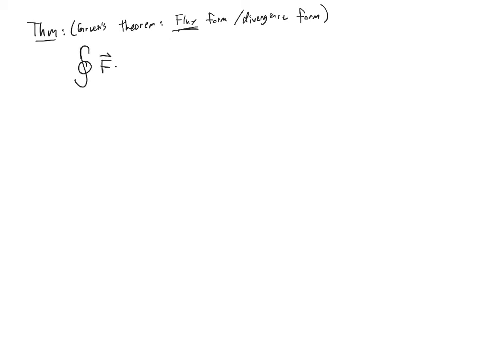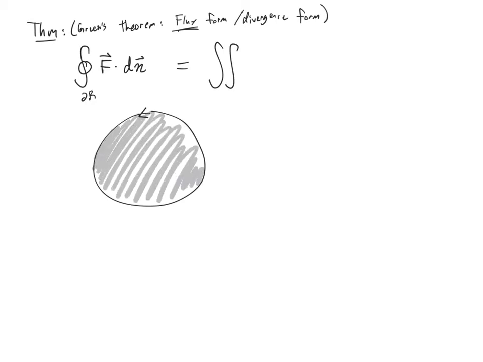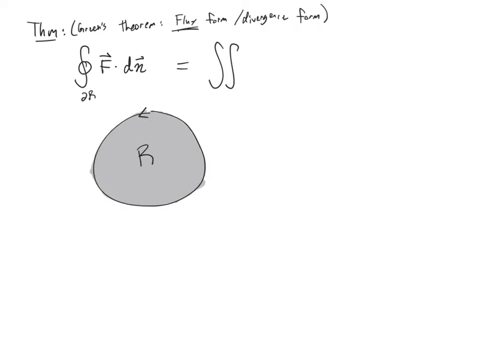Over here we should be computing the flux, so dn. And on this side, we're going to get a double integral, because we tend to get that in these problems. So here is what our region looks like. Then the new flux form is we integrate over R the divergence of f dA.